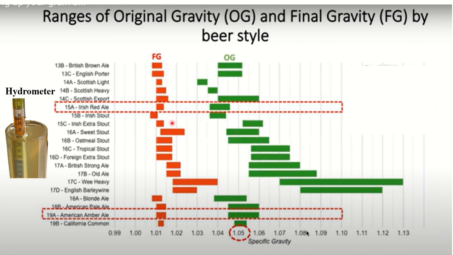So coming to the Irish red ale production with a higher alcohol content than the American amber beer, you can see the amber beer concentration is around 10 volume percentage. If the alcohol concentration, or the final gravity, is to be high, accordingly the original gravity, or the glucose concentration, should also be high.